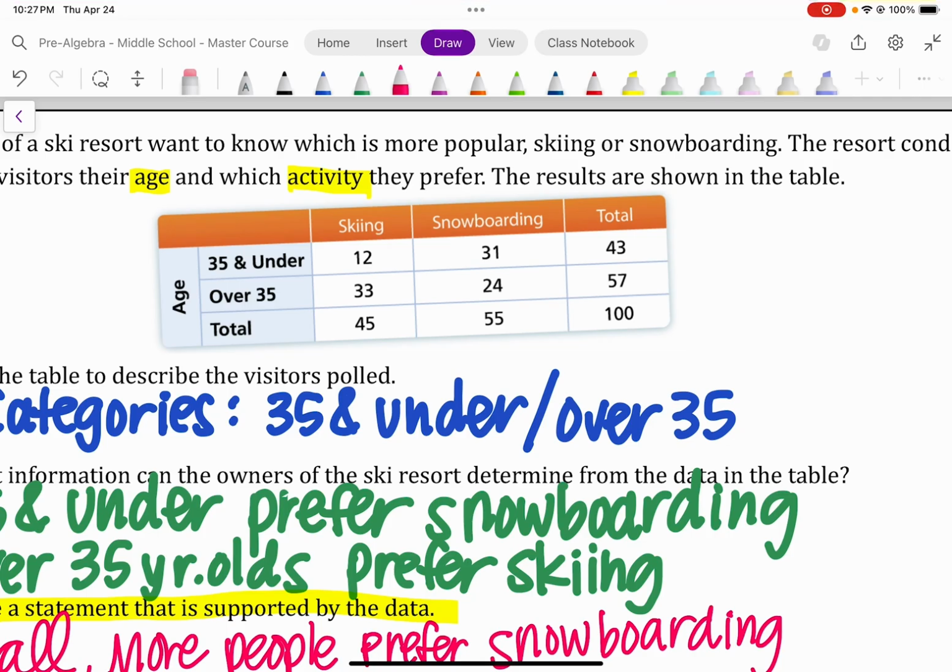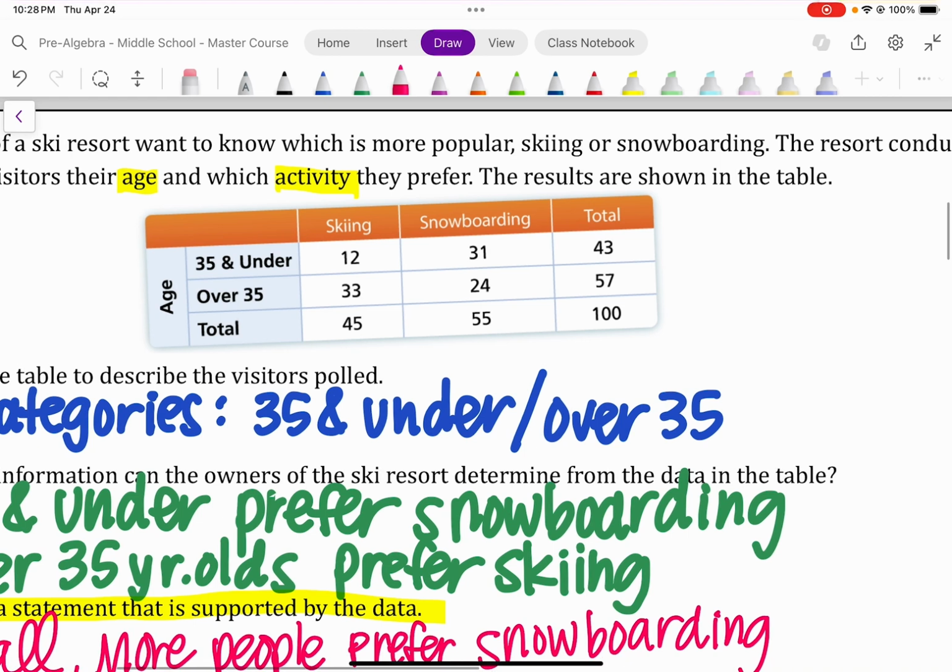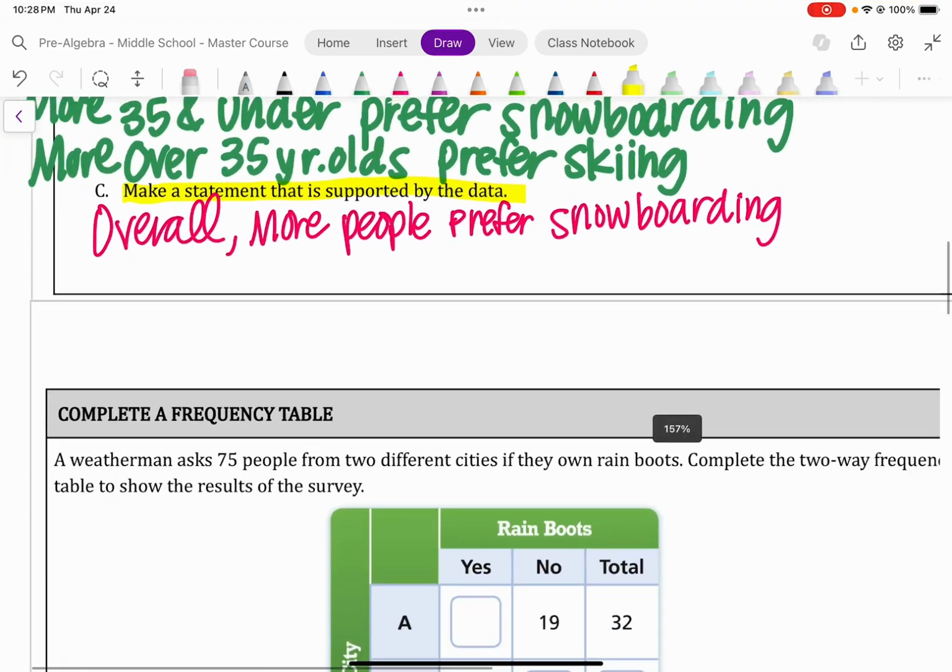That makes a total of 43 people who were surveyed that are 35 and under. Over 35, there were 33 that said skiing, 24 that said snowboarding, so that's 57. And when we add those, we're going to get our total of 100. So we want to use that total to kind of help guide us through this next process.